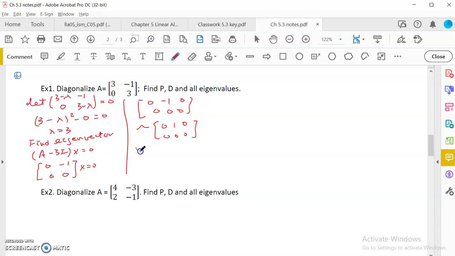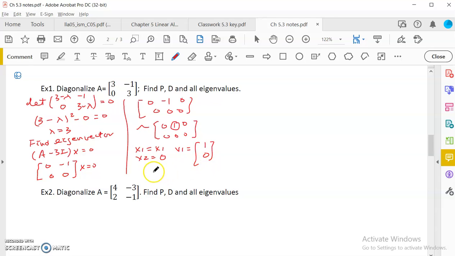Scaling it, that means x1 is free, and x2 is the second variable, which is equal to 0. So our eigenvector is only one, which is (1, 0).